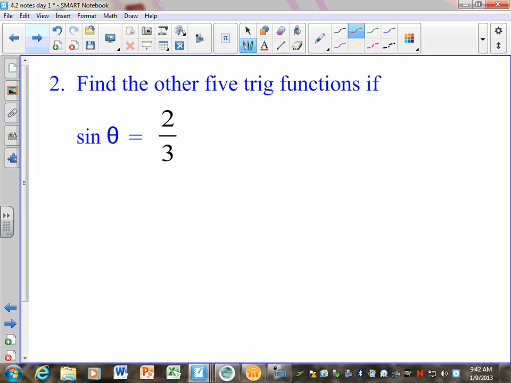You know that this is the opposite side and this is the hypotenuse because sine equals opposite over hypotenuse. Which means, could you make a little triangle and could you label it? And then it pretty much turned into the problem that we just did.